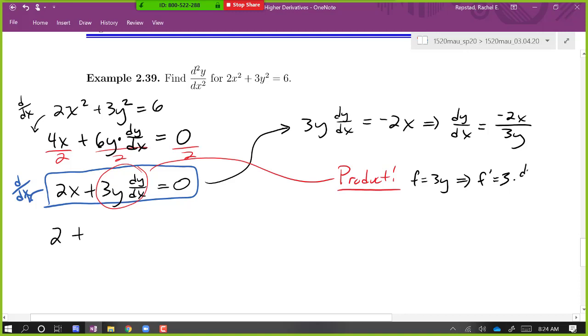Yeah. Our g function is dy dx. What should g prime be if g is dy dx? If g is the derivative of y, then its derivative is the second derivative of y.